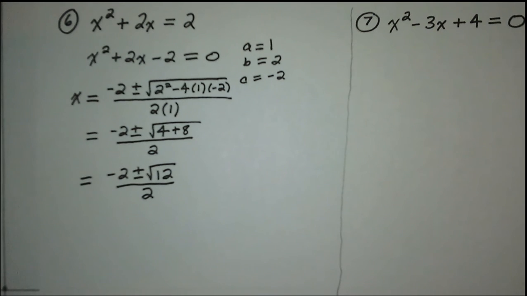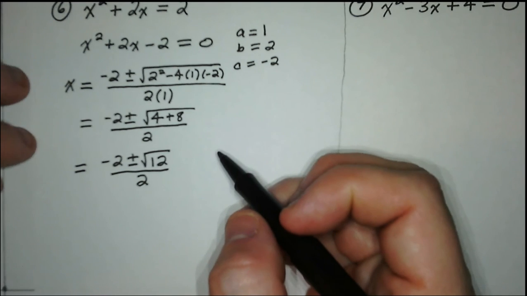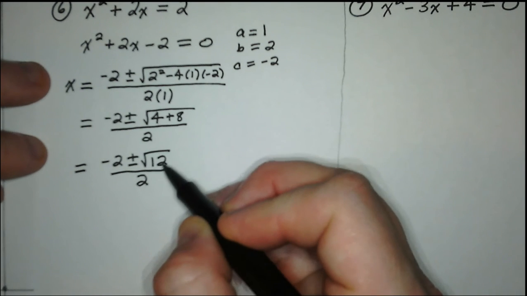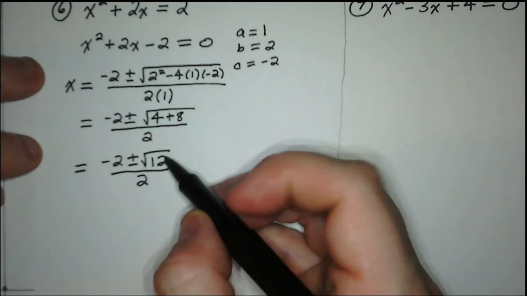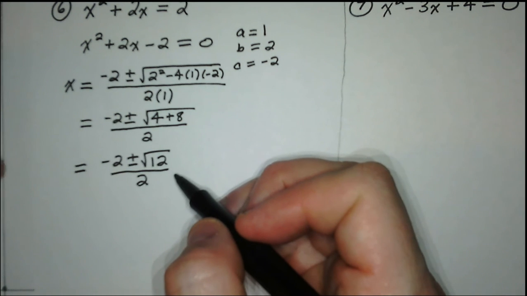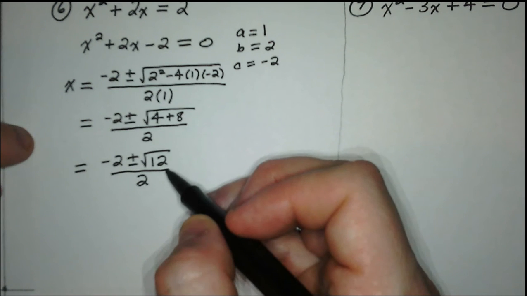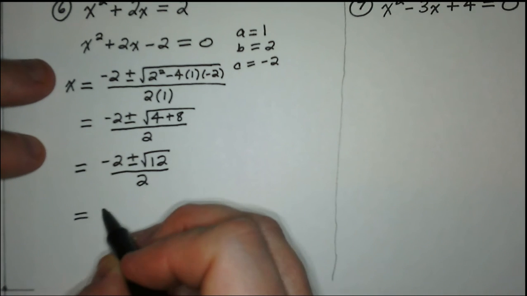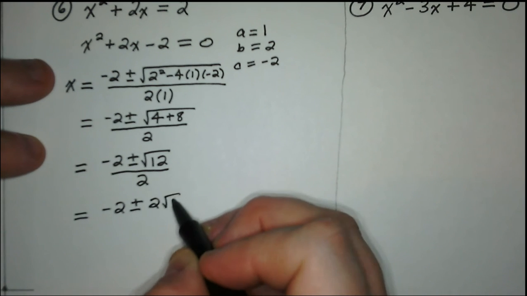Now, I mean, we're pretty much done, right? But at this point, you have to be in the habit of looking at the square root and saying to yourself, can we do that square root? Can we at least simplify it? So we can't do the whole square root of 12, but it does simplify to 2 root 3.